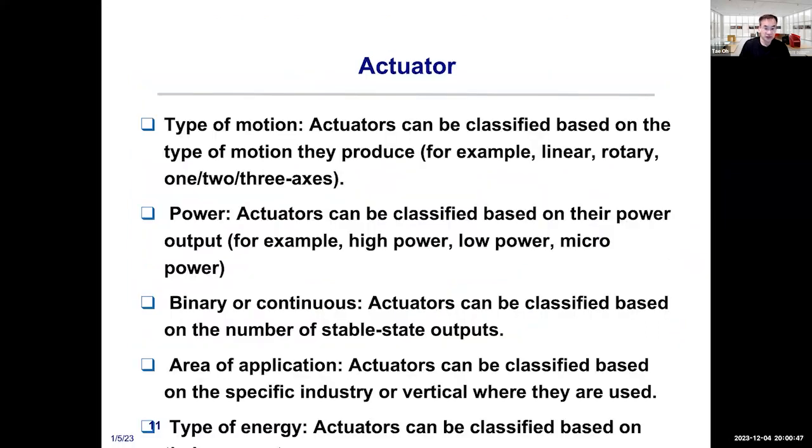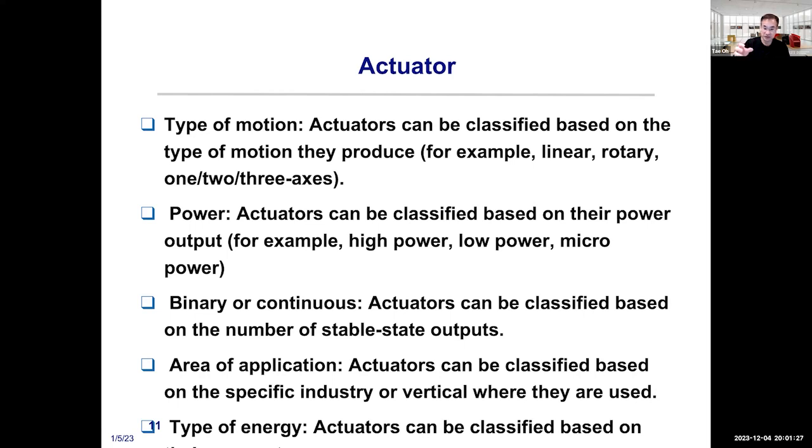Actuators can be classified based upon types of motion: linear or rotary, one, two, or three axes. Power is classified by power output, for example high power or low power, how strong your arm is, right? So with a robot's hand, for example, it has sensors on the fingertips. Whenever it touches the cup, it can feel what that is.